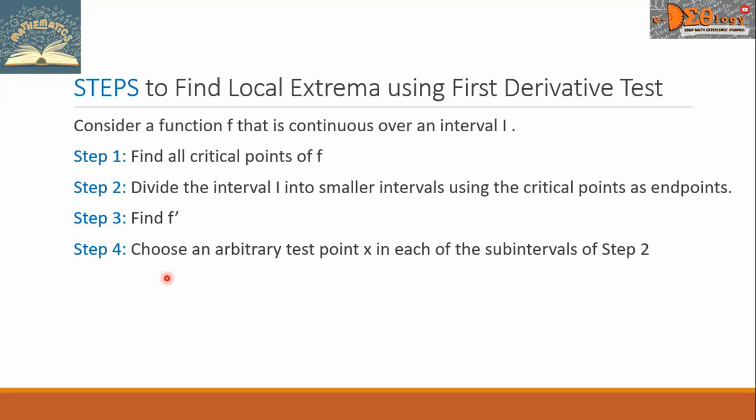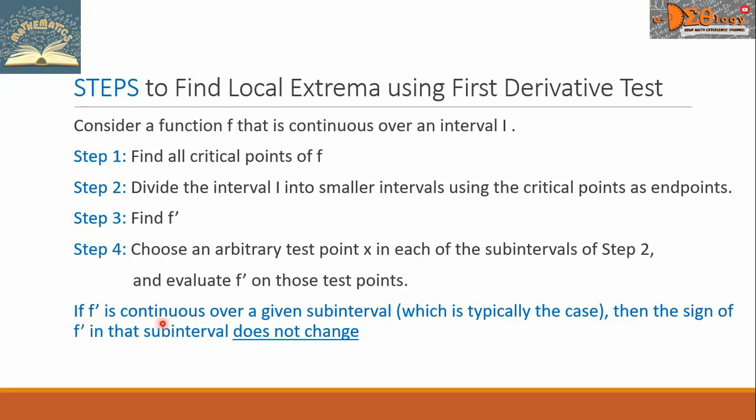Step 4. Choose an arbitrary test point x in each of the sub-intervals of step 2 and evaluate f prime on those test points.